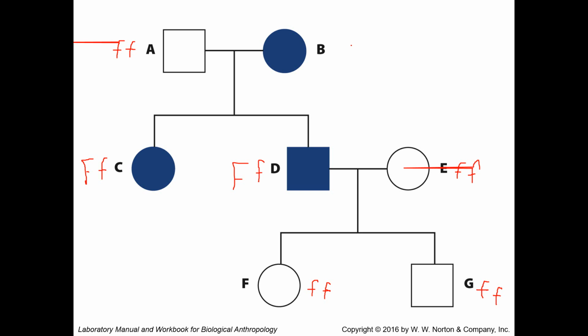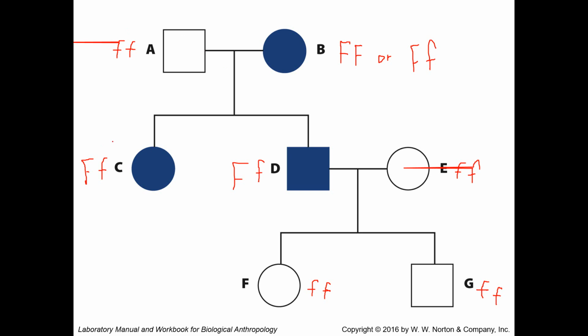So in this case, we would say she is homozygous dominant, or she is heterozygous. And that's how we fill out this pedigree diagram.